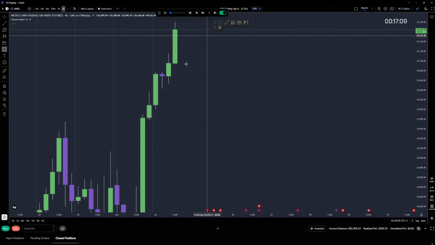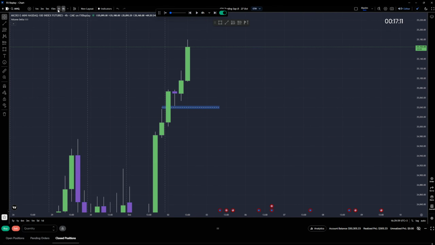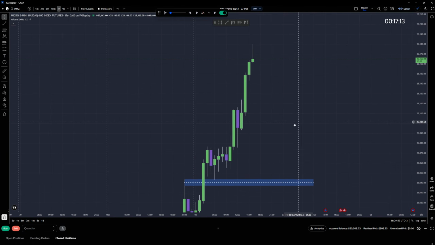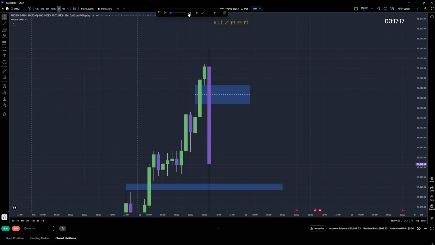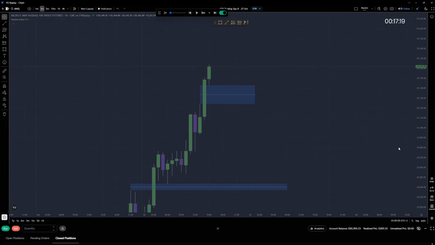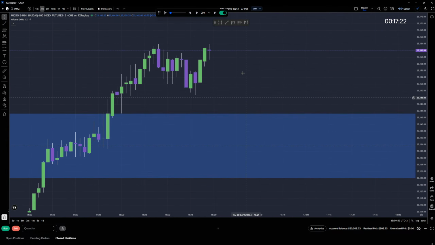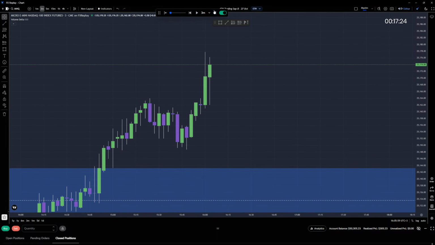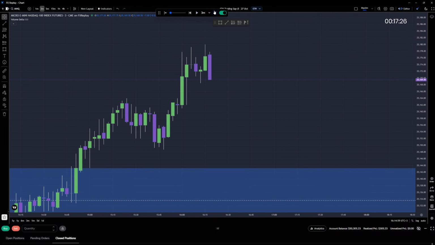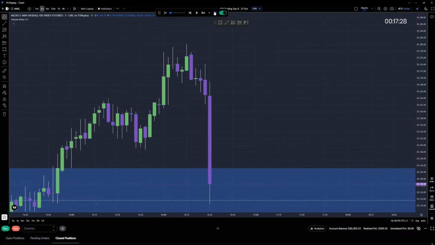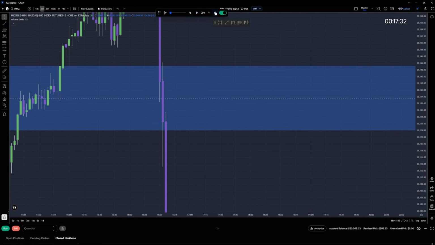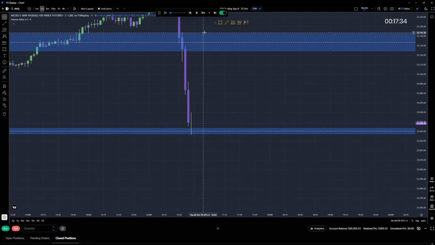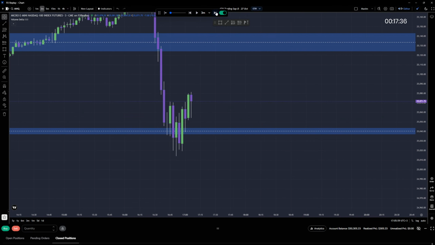I expect lower to this gap. And on the hourly as well to this gap. Okay, let's see if we got an entry there. Yeah, there will be no trade on that. And can expect higher from here.